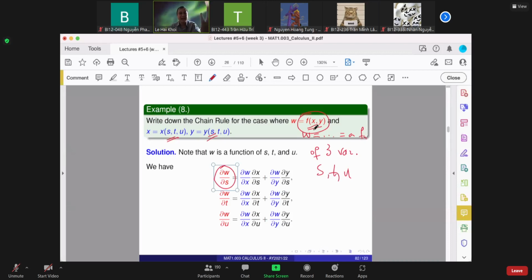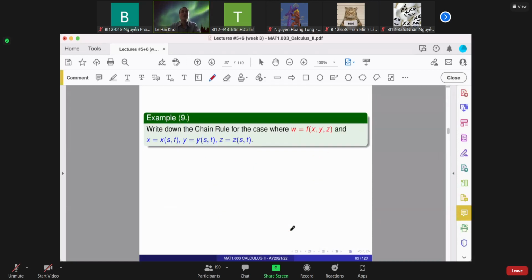But then the chain rule applies to dw over ds, dw over dt, dw over du. And for each case, you have to take the partial derivative of w with respect to x and y and multiply by the derivative of that variable with respect to the same s, right? The same t, the same u. Then you get it. So three partial derivatives we need.